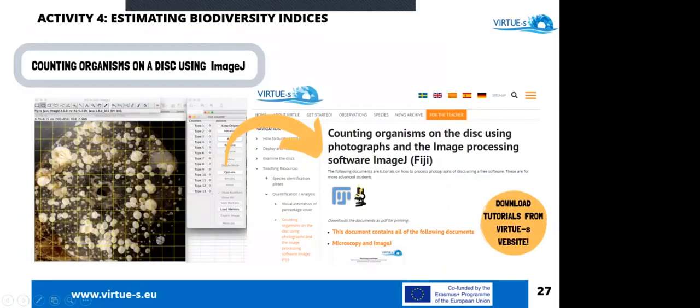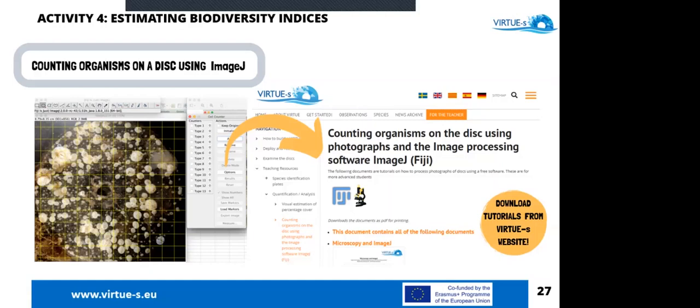To perform counting for biodiversity indices, you have also another option. Not calculating by formula, but starting from photographs and the image processing software ImageJ. In this case, you should take high quality pictures of the discs, and then these pictures can be processed later by the software. It is helpful to have color photographs because they better suit this method of analysis.